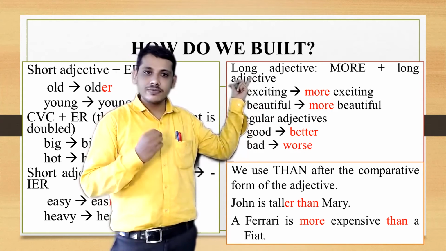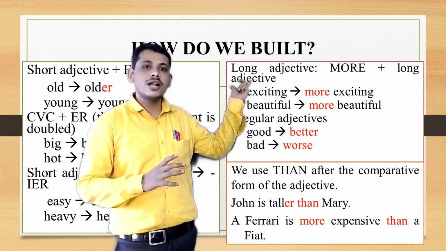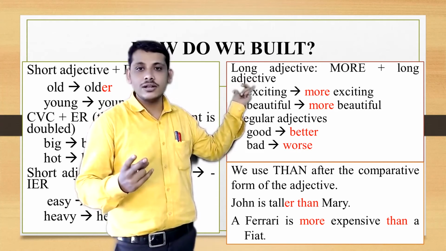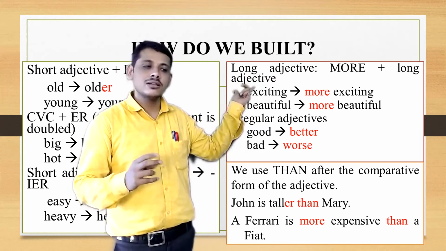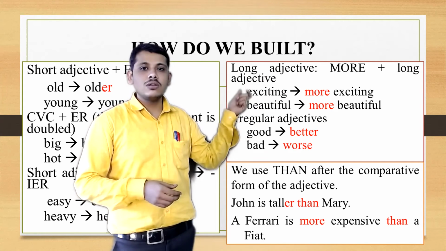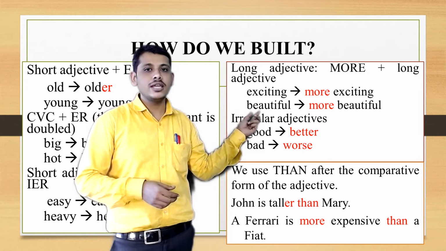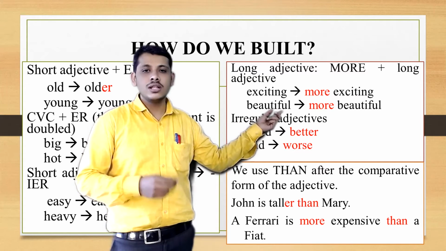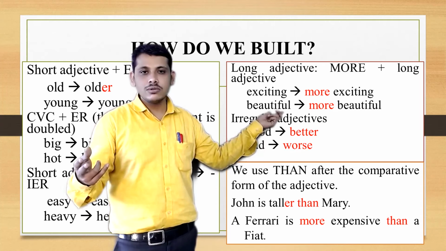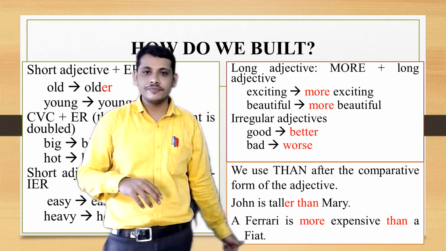Long adjective, I'm saying in simple language. The rule is if the word has syllables more than two. Syllables, let's consider if there are vowels more than two. Just count the vowels. Beautiful. This word, how many vowels does it have? E, A, U, I, U. Vowels more than two. So if it has vowels more than two, then use more.